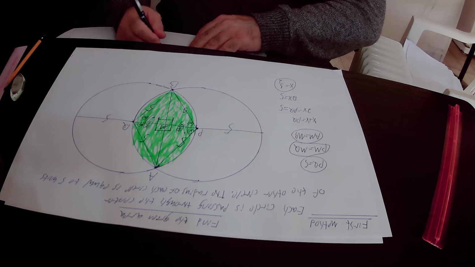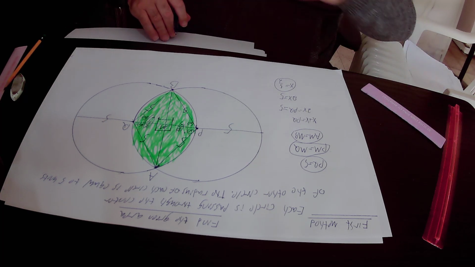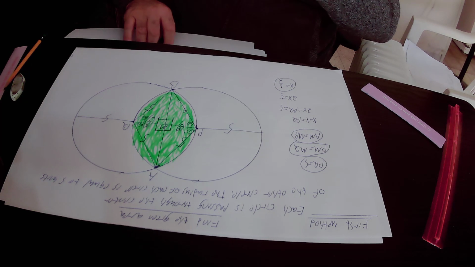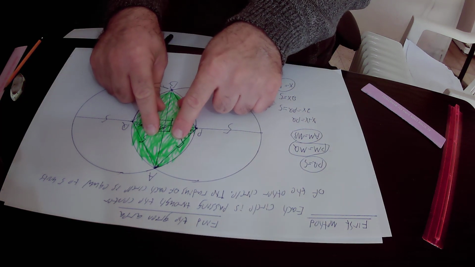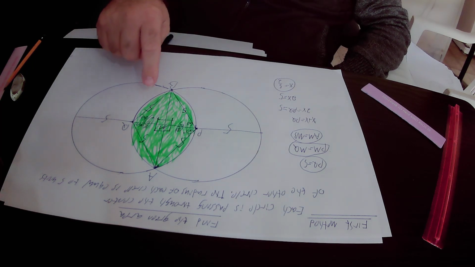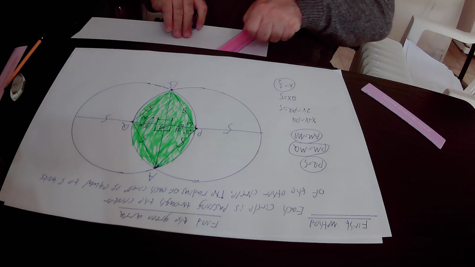And in the next step, we will focus on those two triangles, triangle APB and triangle AQB. Okay?